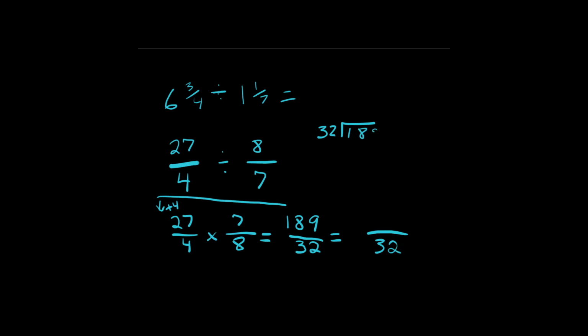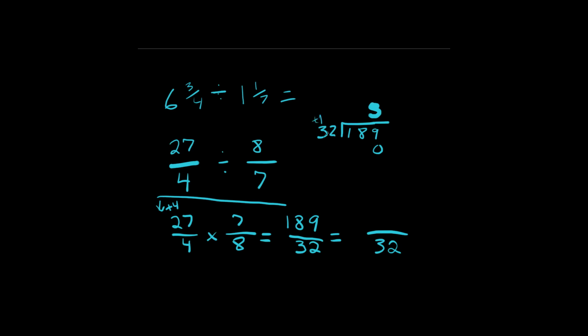Let's work through this. So how many 32s can go into 18? None. So how many 32s can go into 189? That's what we're thinking right now. So we're probably thinking, I'm just going to take a guess and check. I'm going to say there's about 5. So let's go ahead and put a 5 up here. 5 times 2 is 10.